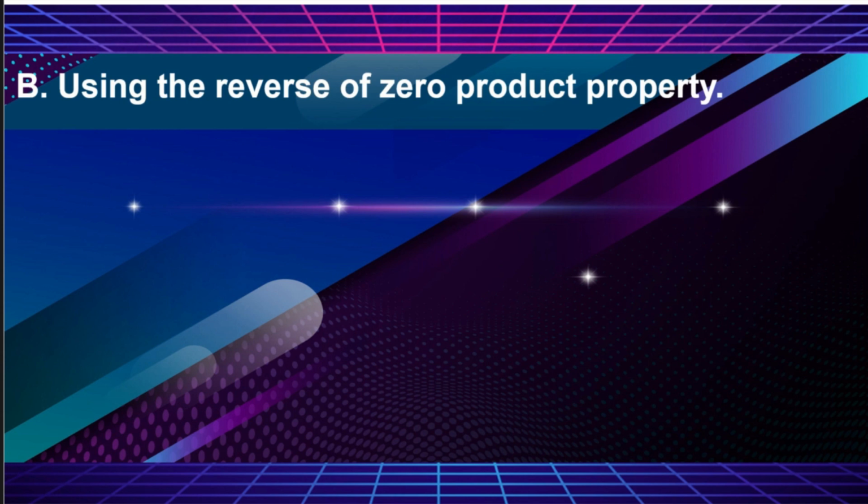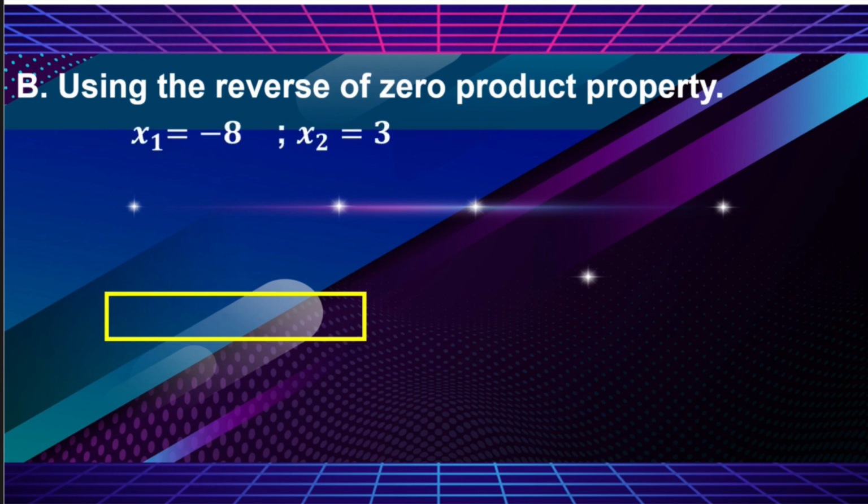Now, let us proceed to the second method using the reverse of zero product property. The first root given is -8 and the second root is 3. Then we are going to transpose the number to the left side. So since nilabang siya sa equal sign, si negative mahimong positive.